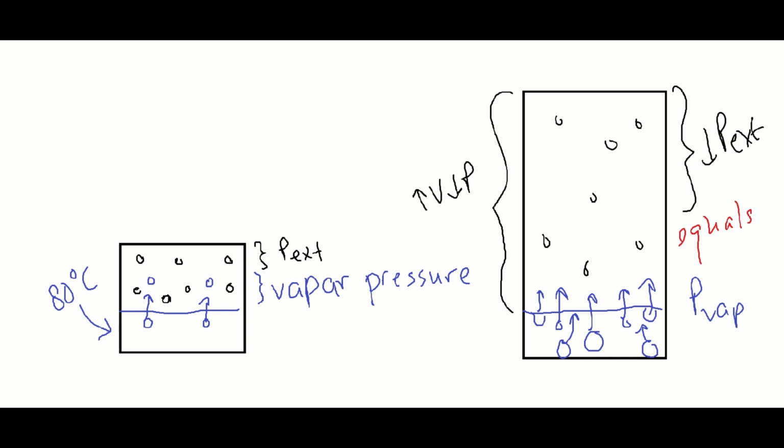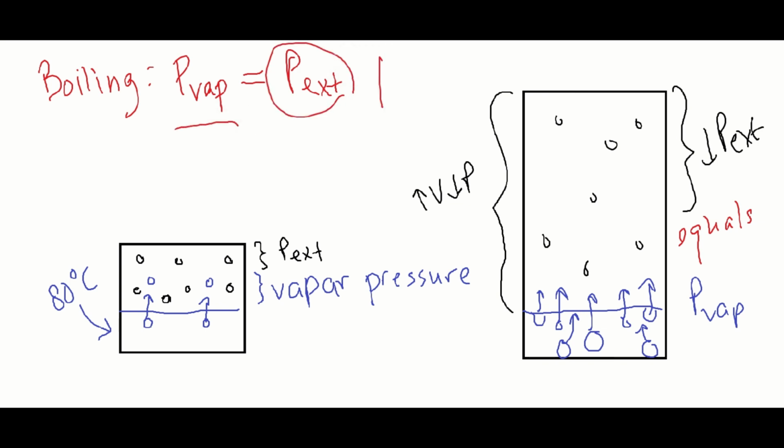Those water molecules had enough kinetic energy to overcome the intermolecular forces and the external pressure of the air above it. So boiling happens when the vapor pressure is equal to the external pressure. And in this phenomenon, we didn't change the vapor pressure of water, but we decreased the external pressure, and therefore we caused the water to boil.